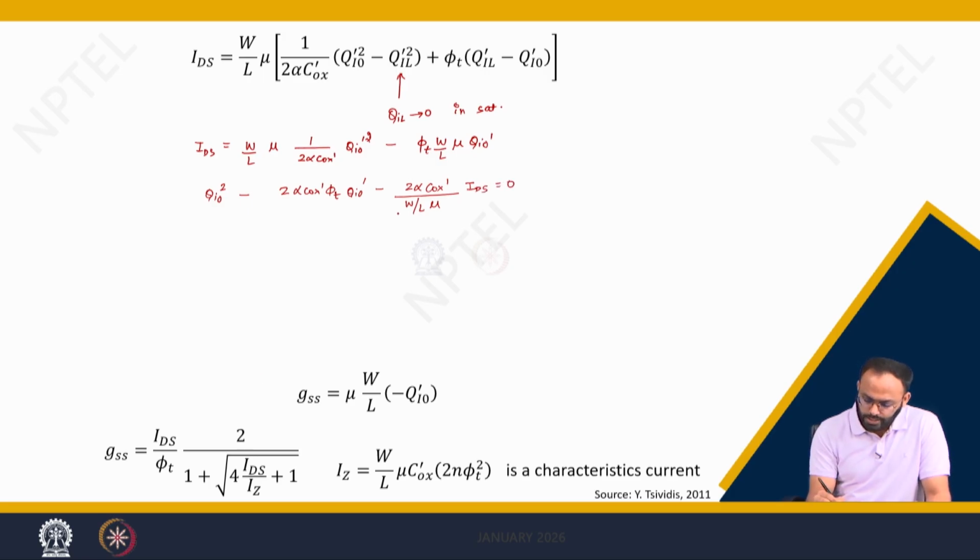Let us consider this as A. So you are left with QI dash 0 square minus 2 into alpha into COX dash into phi t into QI dash 0 minus A is equal to 0.